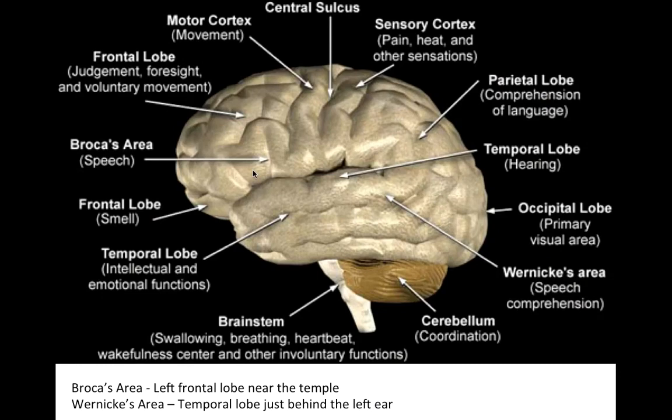Our ability to speak and to understand speech is believed to take place primarily in two locations of the brain. Our ability to speak and to write is believed to take place in an area called the Broca's area. The Broca's area is located in the left frontal lobe near the temple.